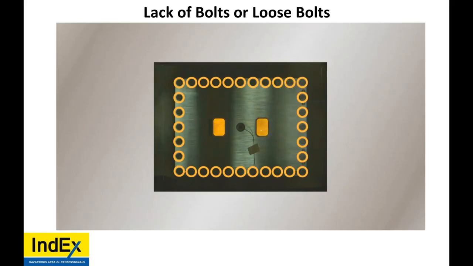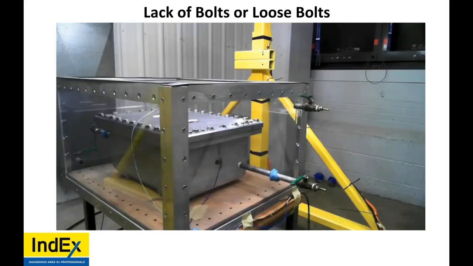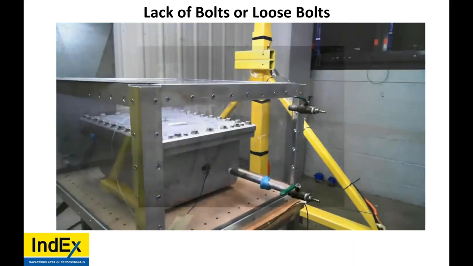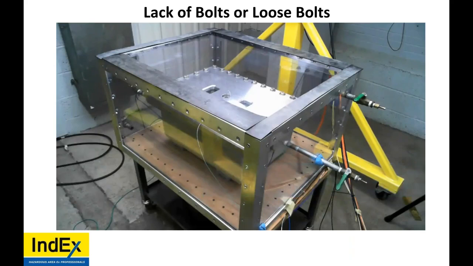So all the bolts are installed, correctly torqued, no scratches. So that explosion, I don't know if you guys saw it at the end there, happened due to one or two bolts not being installed, or bolts were backed off and not sufficiently torqued.